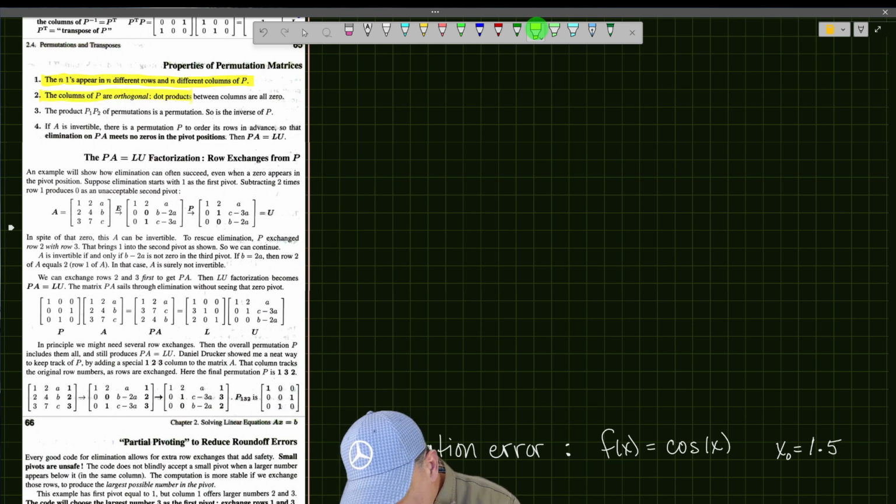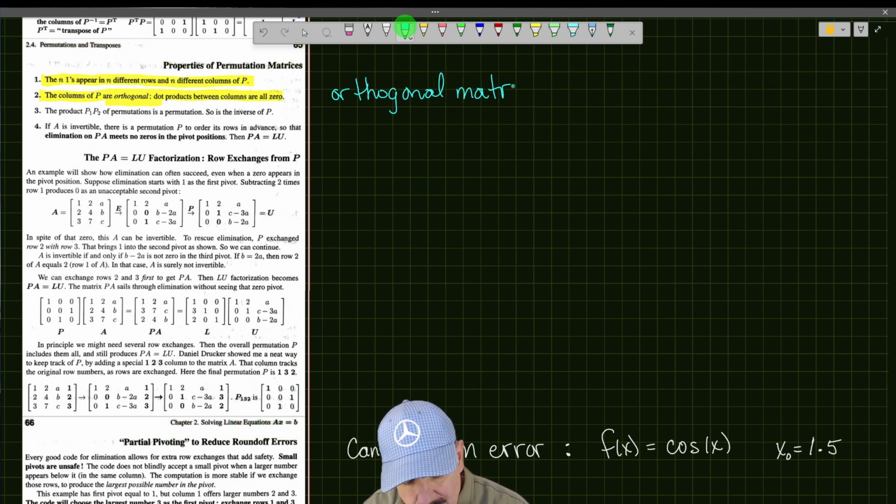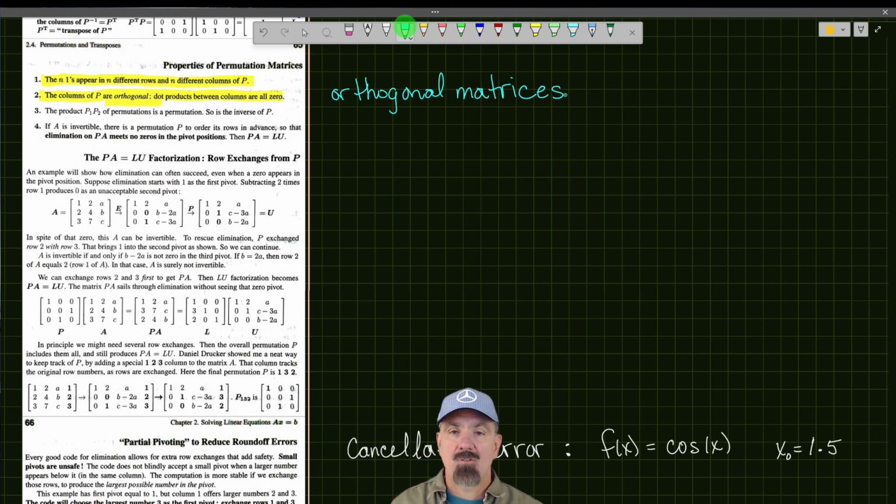Another thing that's important about permutation matrices is that they are orthogonal matrices. So we are not going to introduce the term technically until chapter 4. But an orthogonal matrix is a matrix whose columns are mutually orthogonal.